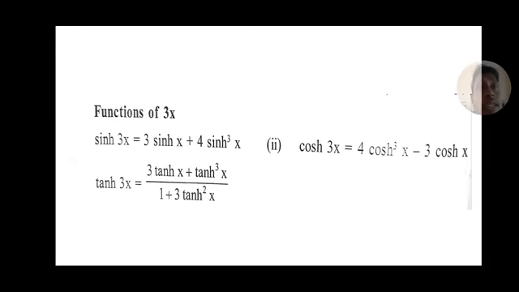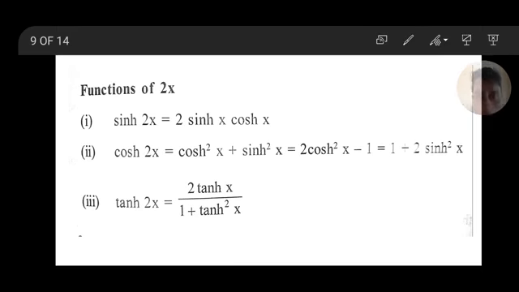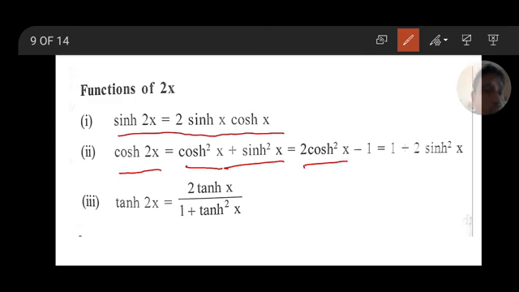Next, sinh of 2x. Sinh of 2x equals 2 sinh x into cosh x. Cosh of 2x equals cosh square x plus sinh square x, or 2 cosh square x minus 1, or 1 plus 2 sinh square x.